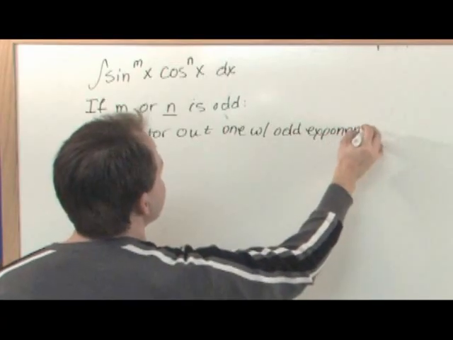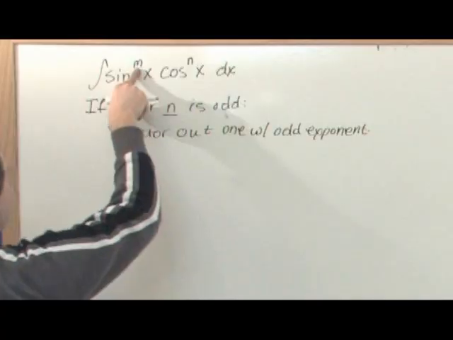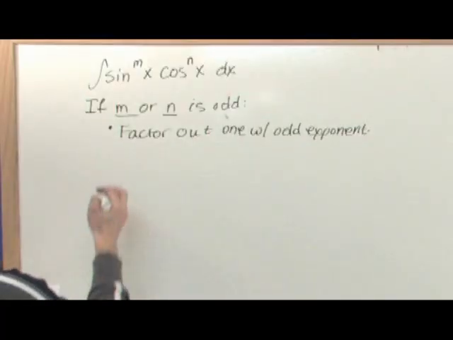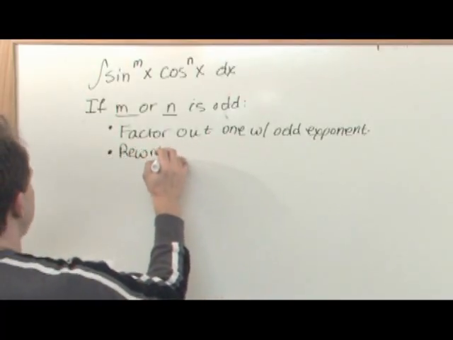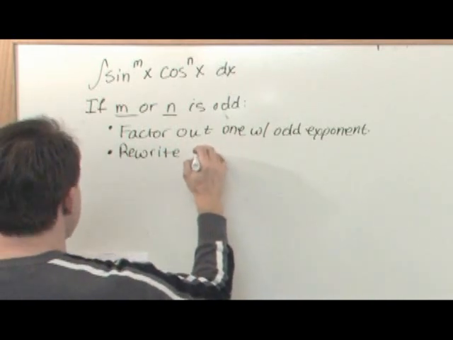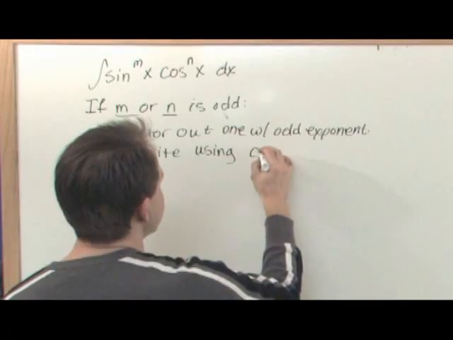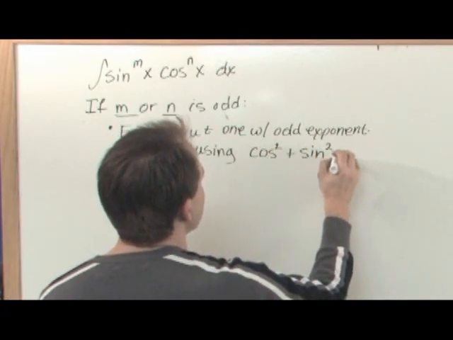We're going to get problems to show you what I mean by that. So if this is sine cubed, it's odd, so you'll factor out one of the sines, leaving sine squared. You'll factor out the one that's odd. You'll rewrite the function using the famous identity that you all know, cosine squared plus sine squared is equal to 1.